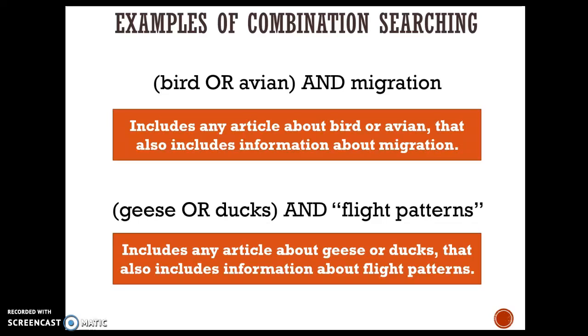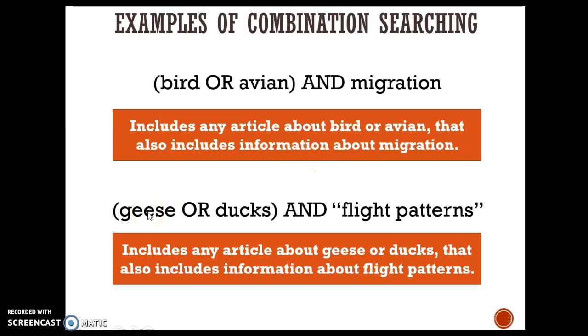So any article referring to birds, any article referring to birds and avian, and any article referring to just avian. So that's its own separate entity, and we're combining that search with AND migration. So all of the results have to include migration in it. So that will narrow to that specific point if that's what you want to research.